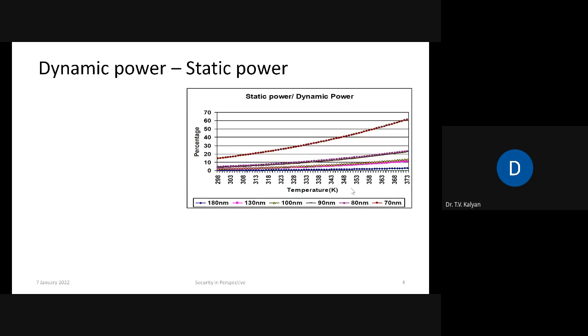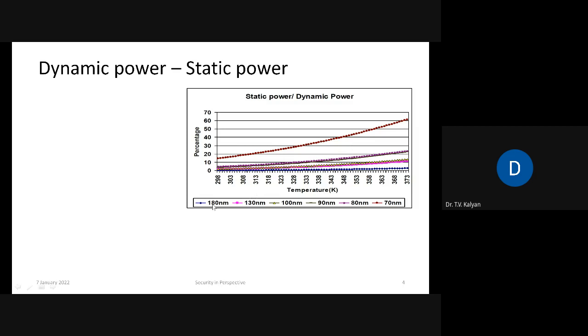If we look across many technology nodes, starting from 180 nanometer to 70 nanometer, and for different temperatures on the x-axis, from 298 Kelvin to 373 Kelvin, we can see the contribution of static power slowly increasing with the temperature.